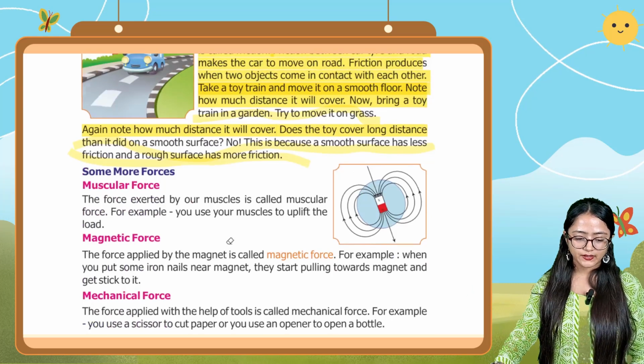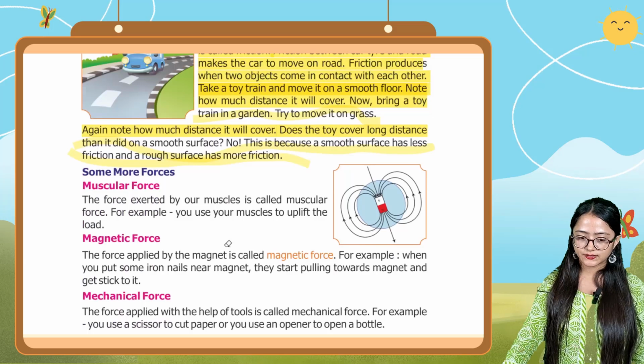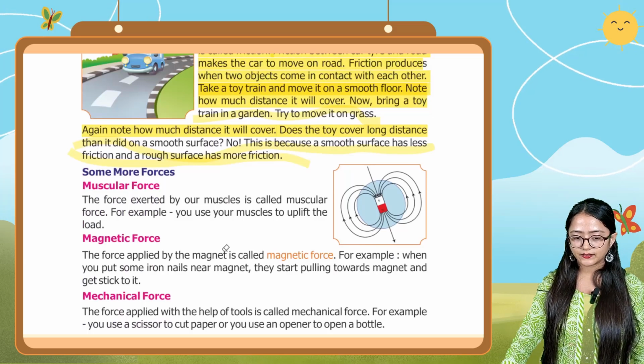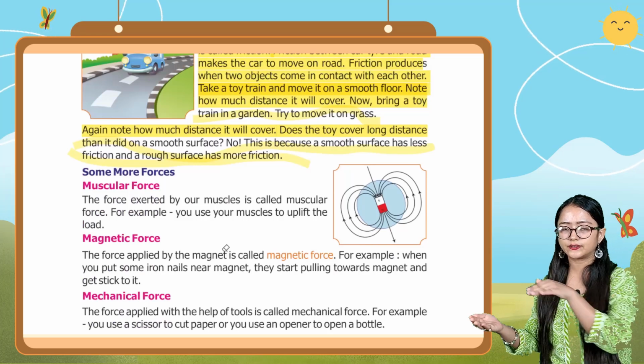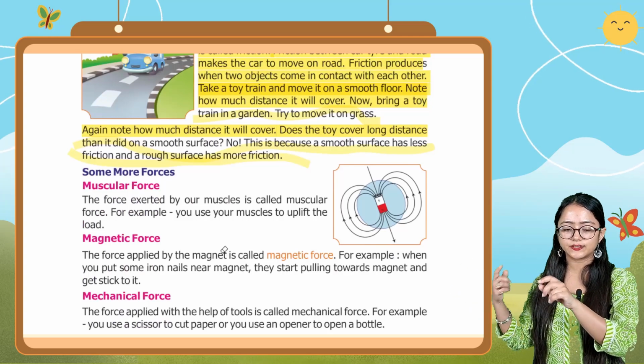Now we come to the next one. You can see the example of this friction in this figure. The car is there, and you can see the tire over here, and the tire is touching that road. That is how this friction process takes place.